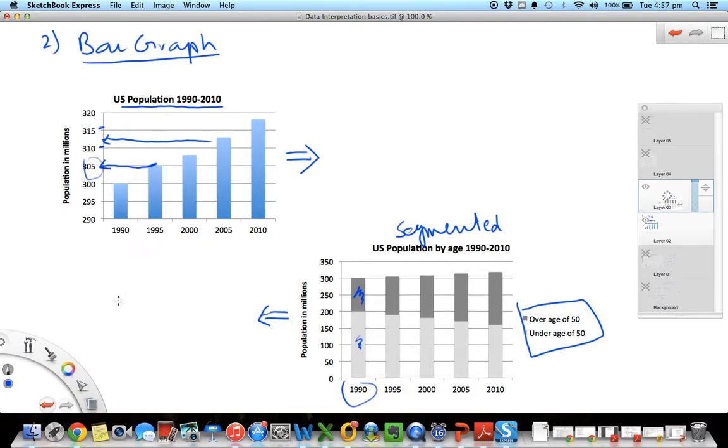Another version is where you have a bar graph which has, for each point on the x-axis, two bars, like this. And we'll look at examples of this later on. But in general, with these graphs, just always be careful to read the labels properly.